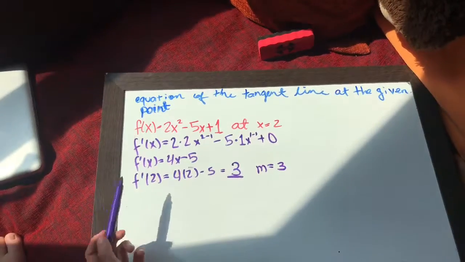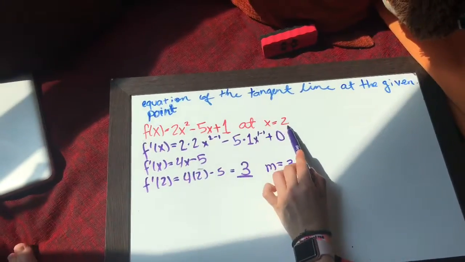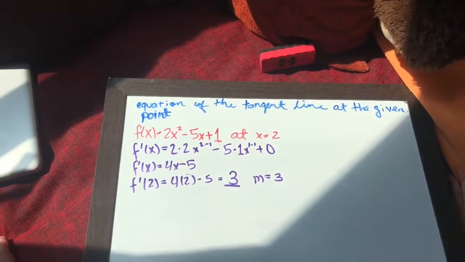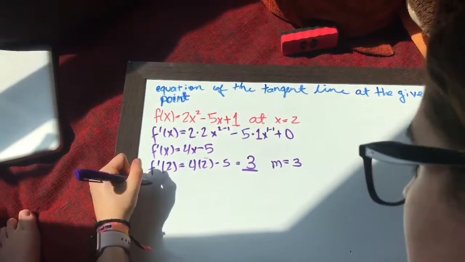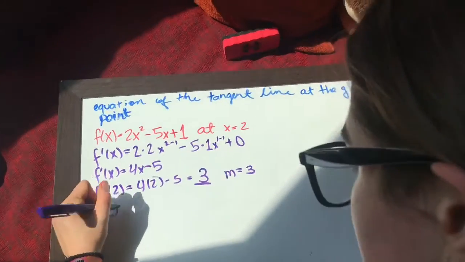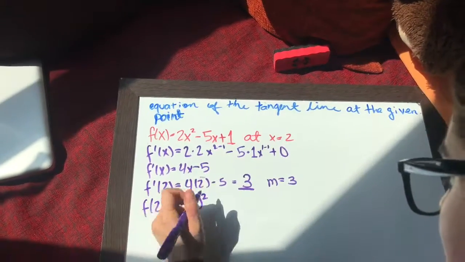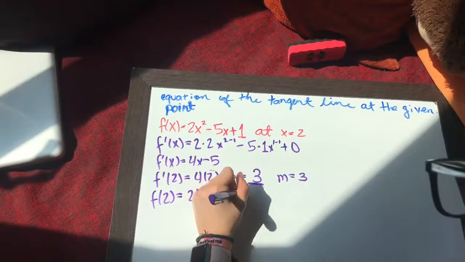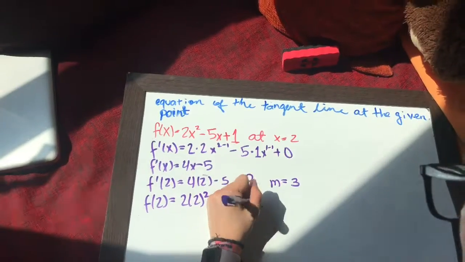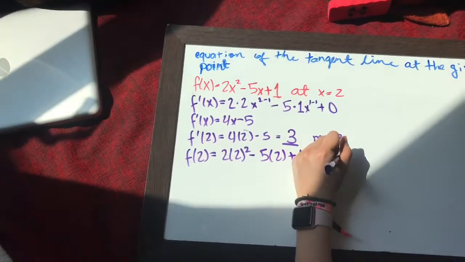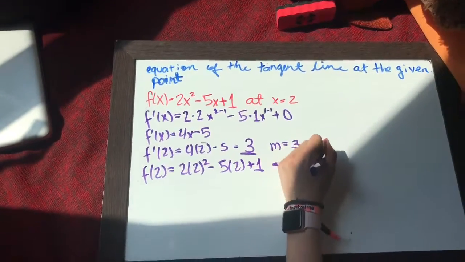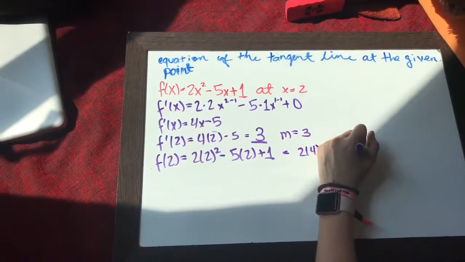Now we will replace the 2, but in the original function, to find y. So it will be f of 2 equals 2 times 2 squared minus 5 times 2 plus 1. It will be 2 times 4 minus 10 plus 1.